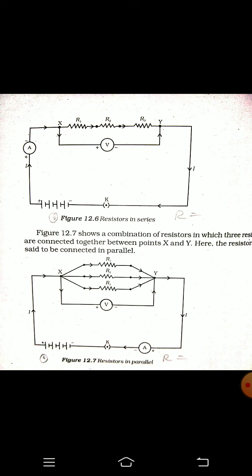So that way these resistors are kept parallel to each other, and their endpoints, you can see, are joined together between points X and Y. Also, there are an ammeter, a voltmeter, cells, and a key. So this is called resistors in parallel combination. Now we will learn both the types in detail.